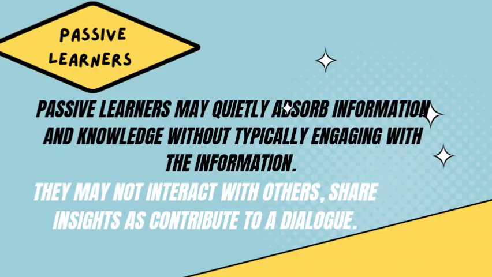And the second type is passive learners. What is it? Passive learners may quietly absorb information and knowledge without typically engaging with the information. They may not interact with others, share insights, or contribute to a dialogue. So, how to deal with them?